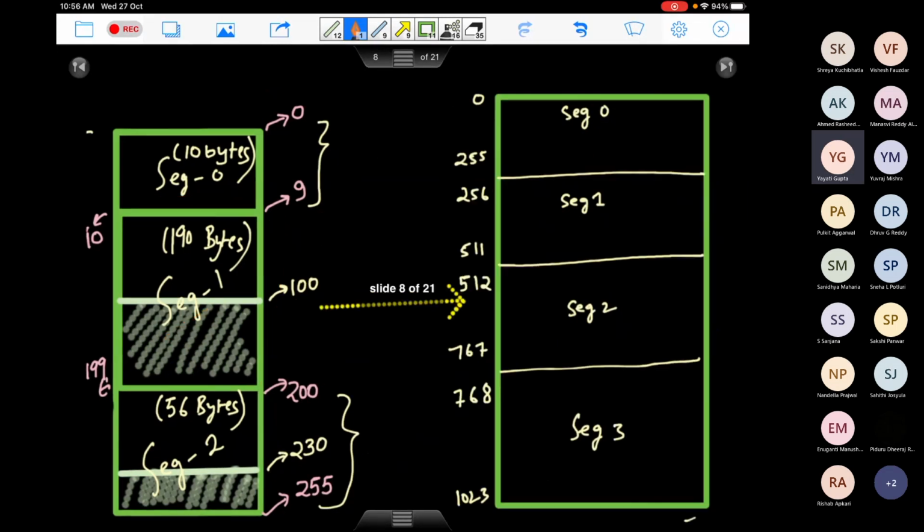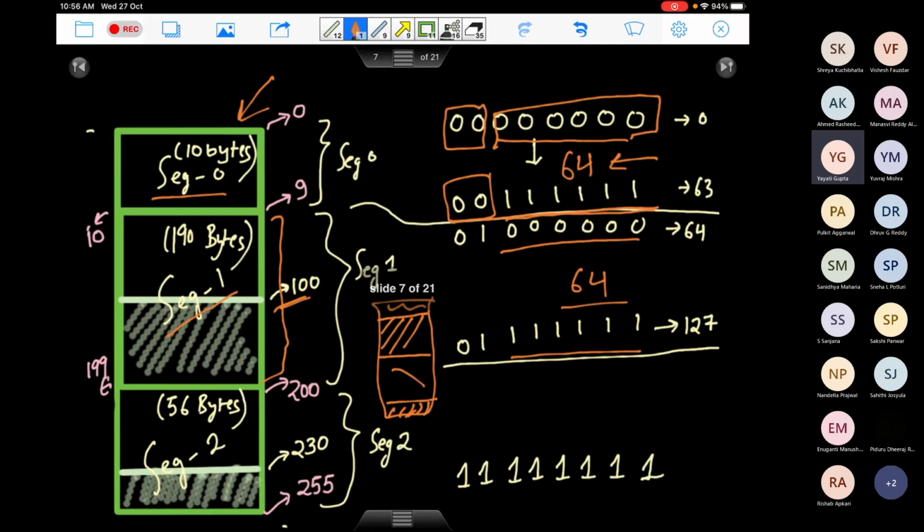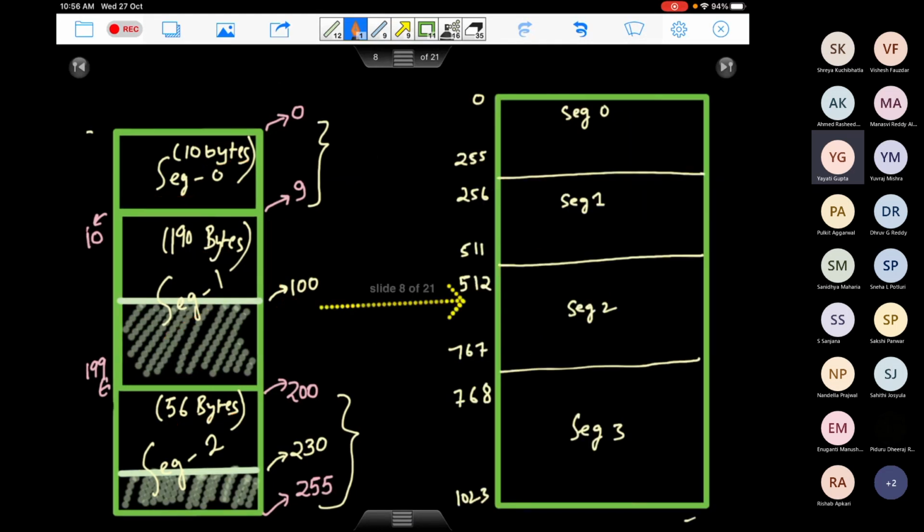So what we can do is make your segments of size 256, right? We'll always keep it in powers of 2, and all of you know why. It eases our calculations. So this segment was of size 10 bytes, this was 190, this was 56. The power of 2 more than 190 is 256.